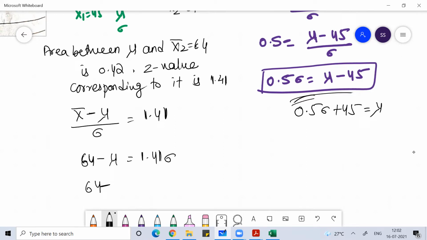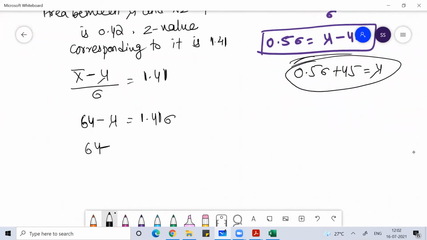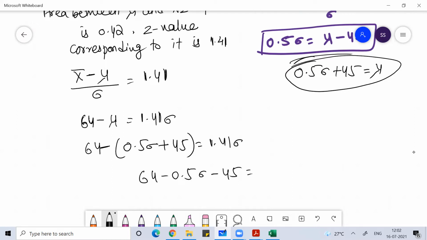Since mu is 0.5 sigma plus 45, we get 64 minus 0.5 sigma minus 45 is equal to 1.41 sigma.